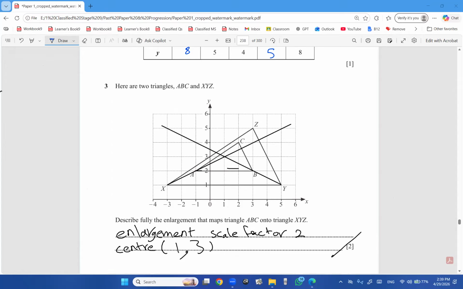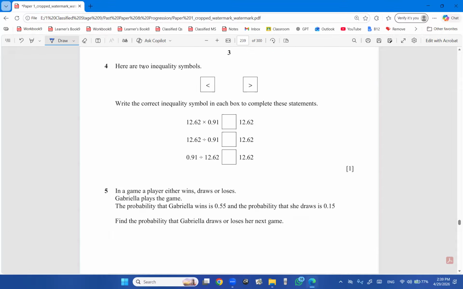Now we take the 2 marks. All right, let me erase the annotation. Here are 2 inequality symbols. Well, if you multiply by smaller than 1, the answer gets smaller. So if you divide by smaller than 1, the answer gets bigger.